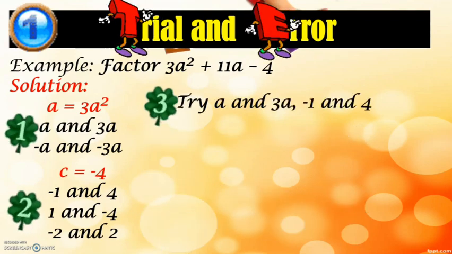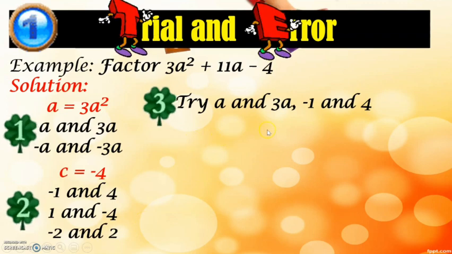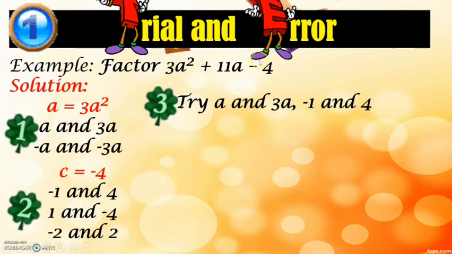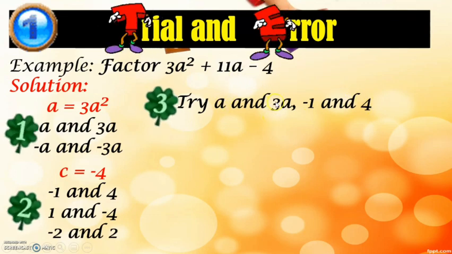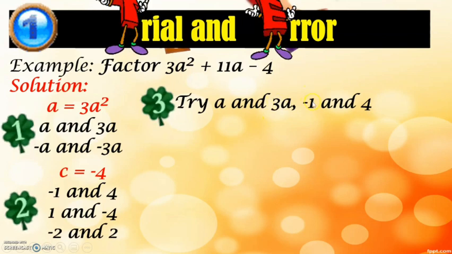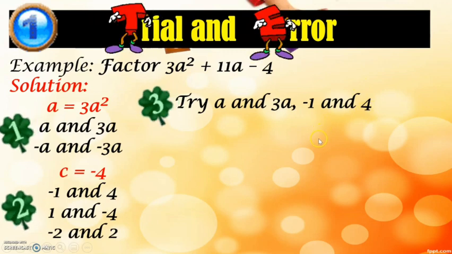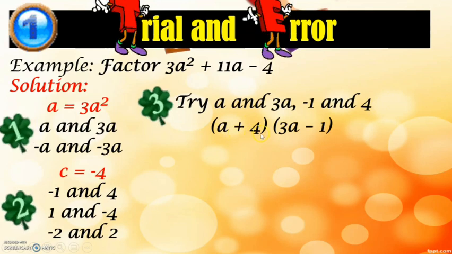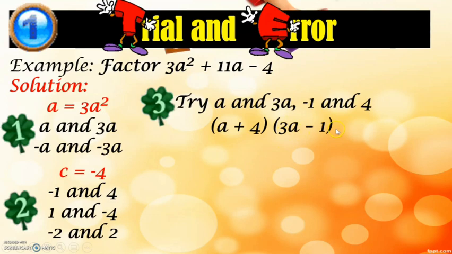Say I'm going to try a and 3a, negative 1 and positive 4. I can combine a with negative 1, or I can combine a with positive 4. The same is true with 3a. For now, I will be combining a and positive 4, so I have a plus 4. Combine 3a to negative 1, so I have 3a minus 1.